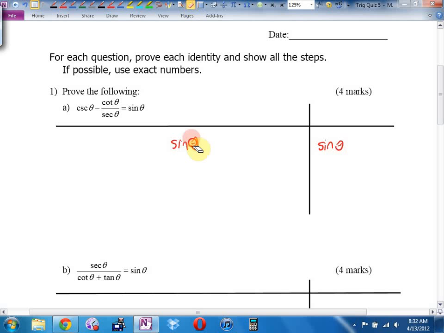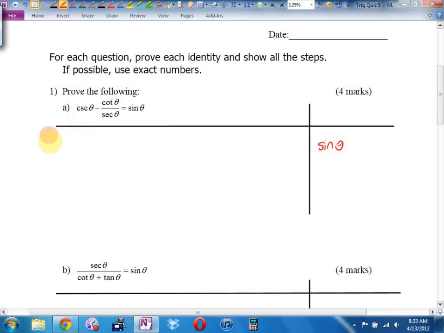So I think the right-hand side I would definitely write as sine theta. Left-hand side, any suggestions here? Gotta try something. That's usually one of my first strategies.